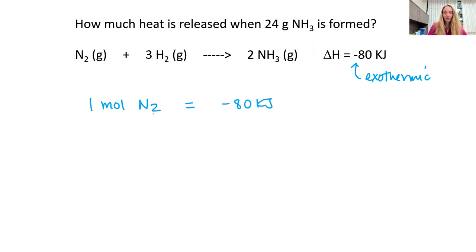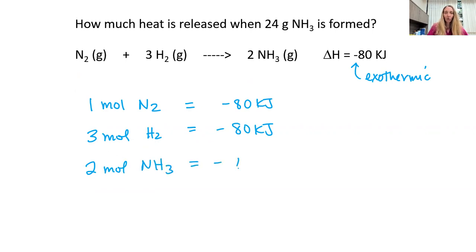So I'm just going to write 1 mole of N2 equals negative 80 kilojoules. And 3 moles of H2 gas will produce 80 kilojoules of heat if we have excess nitrogen. And then also if we produce 2 moles of ammonia, NH3, we're going to get 80 kilojoules.